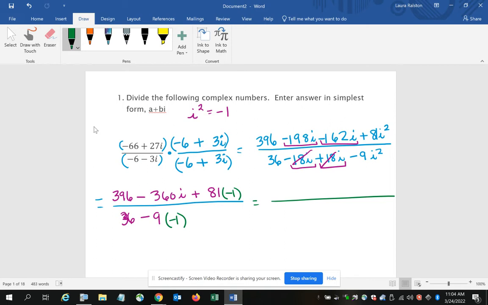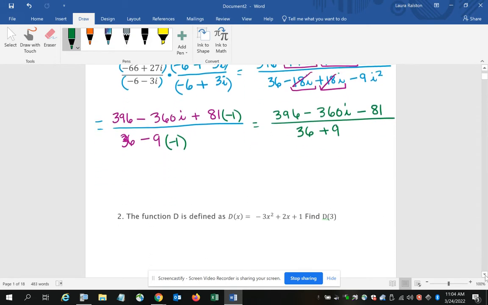Okay, so we have 396 minus 360i minus 81. 81 times negative 1 is negative 81. And then I have in the denominator 36 plus 9. Minus 9 times minus 1 would give me positive 9.